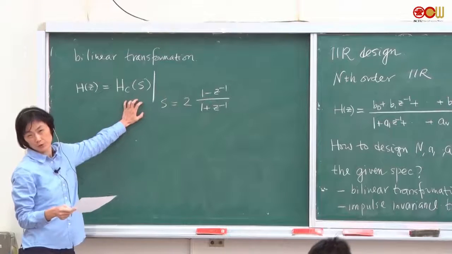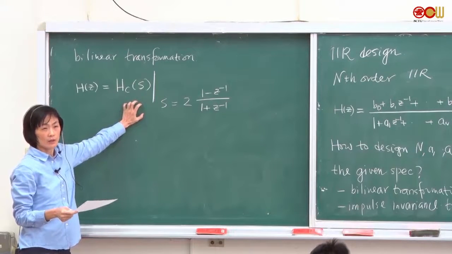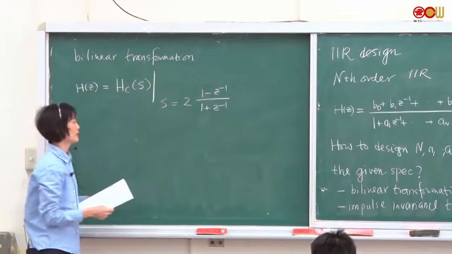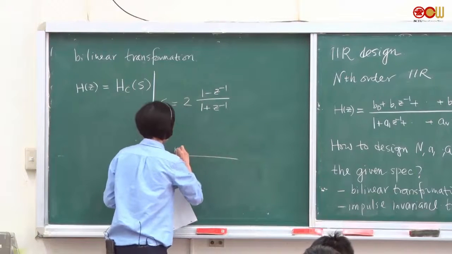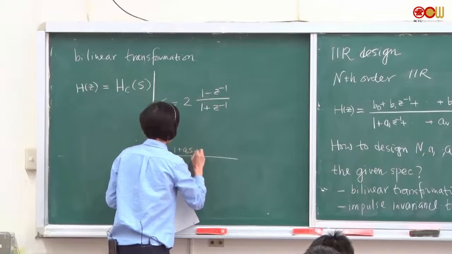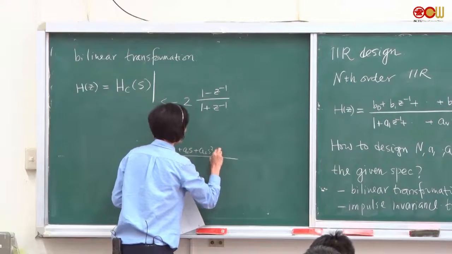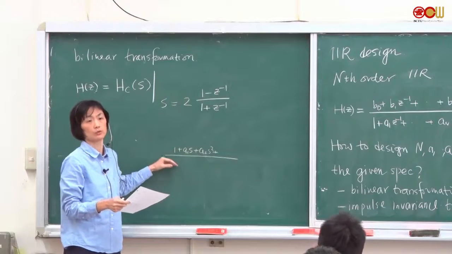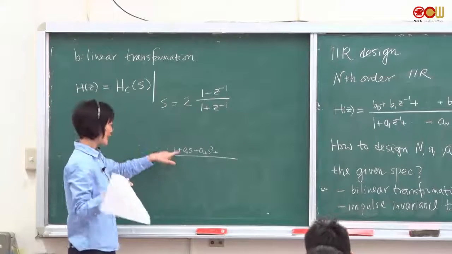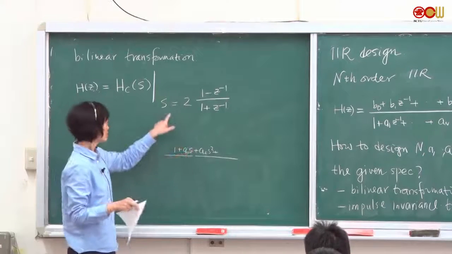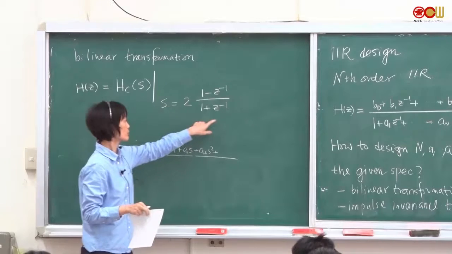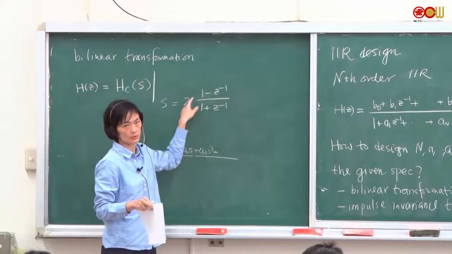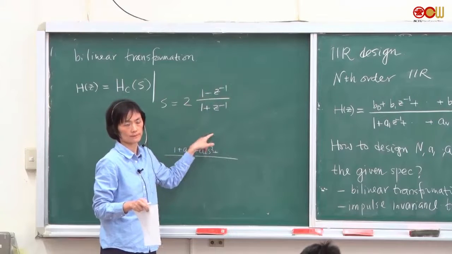We have the Laplace transform, right? And the Laplace transform will be a rational transfer function. We would have something like a1 s and a2 s squared, things like that, in a rational Laplace transform. Then for each s, we substitute s with this expression.